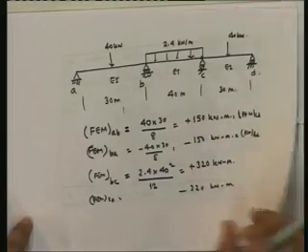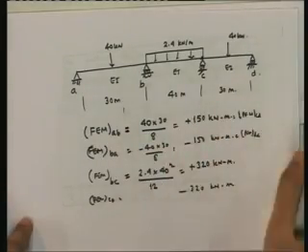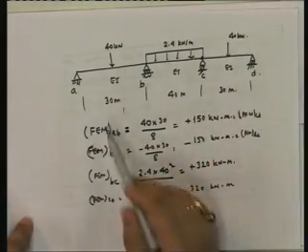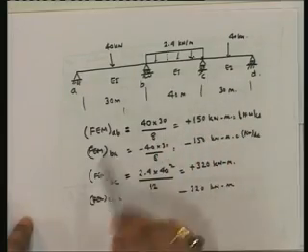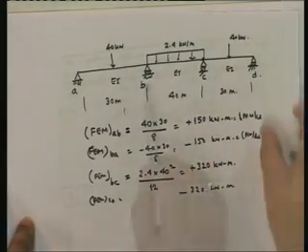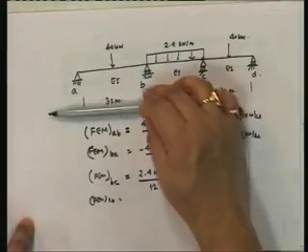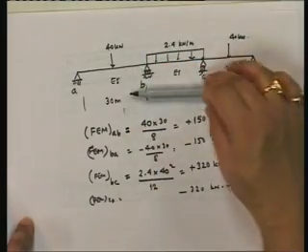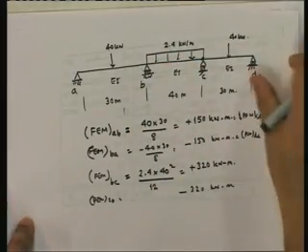So, if we look at this particular case, when we computed the fixed end moments, we computed them as if AB, BC, CD were all original members, so fixed. Actually we established the fact that AB is a modified member, BC is the original member, CD is a modified member.